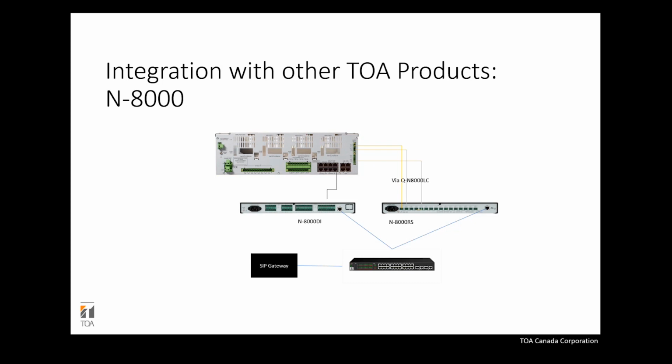If you have audio outputs from any N8000 RS, you can use the N8000 LC module, the line level output adapter, or the N8000RS, and then send it as a line level audio signal into the VX3000. And then if you have a SIP gateway, you can integrate the SIP system into this one as well.